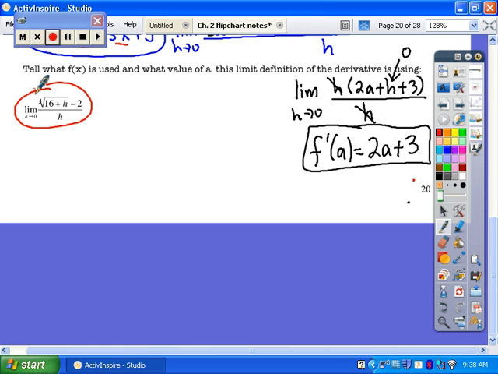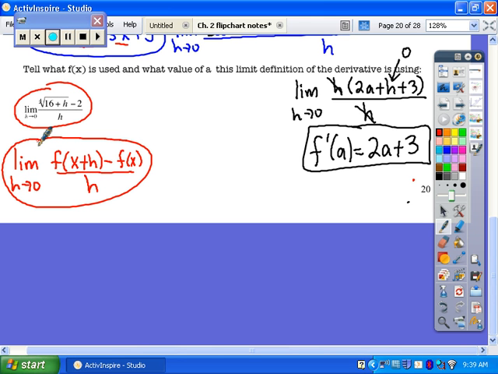So if we recognize the format, this looks a lot like the limit as h goes to 0 of f of x, or let me use x this time, it doesn't really matter if I use x or a, but I'm going to use x plus h minus f of x all over h. Now this is what it looks like. It represents the definition of the derivative.